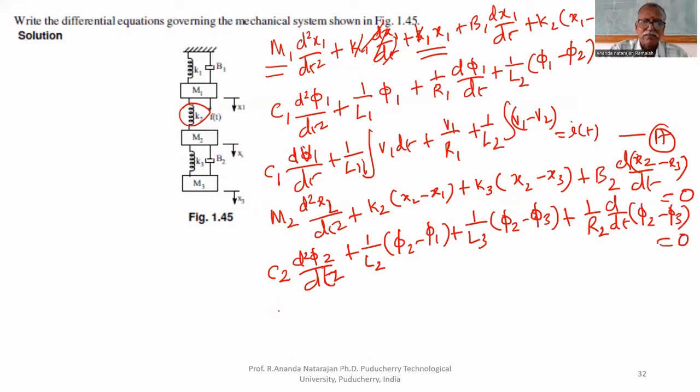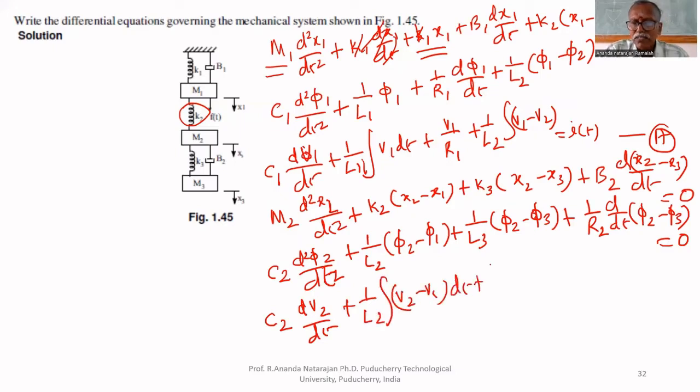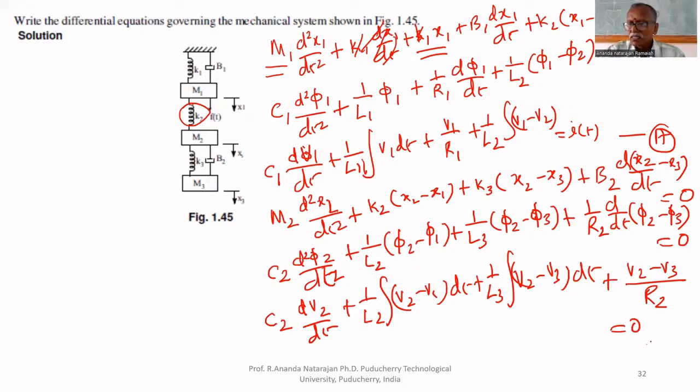So now in terms of voltage: C2 dV2 by dt plus 1 by L2 integral of V2 minus V1 dt plus 1 by L3 integral of V2 minus V3 dt plus V2 minus V3 divided by R2 equal to 0. This is the second equation.